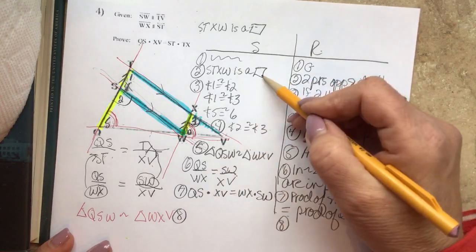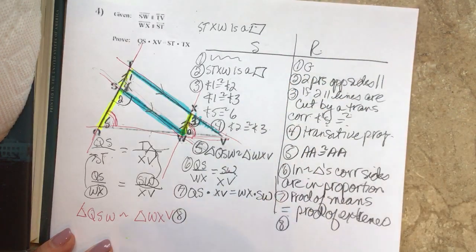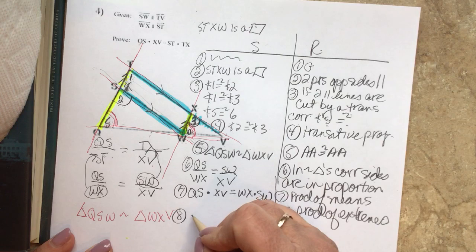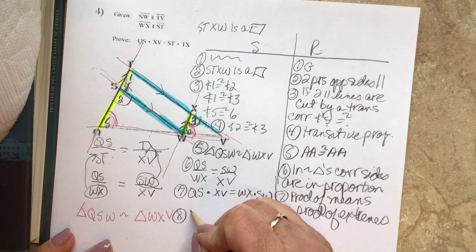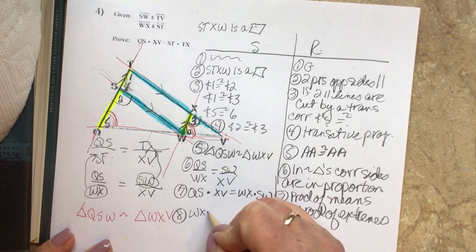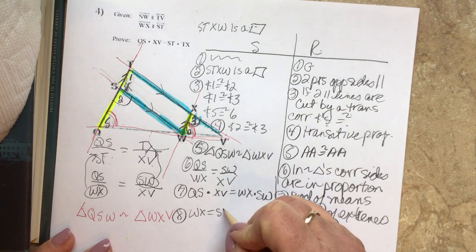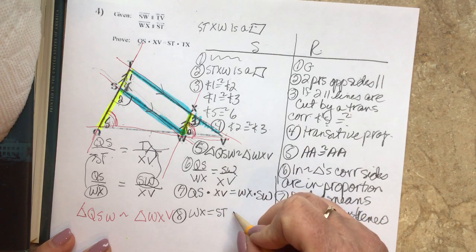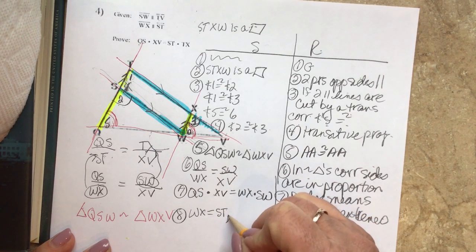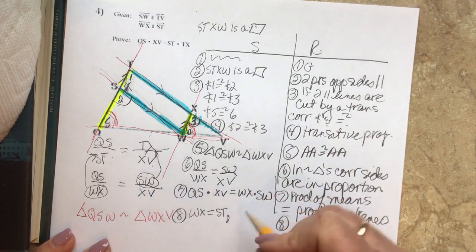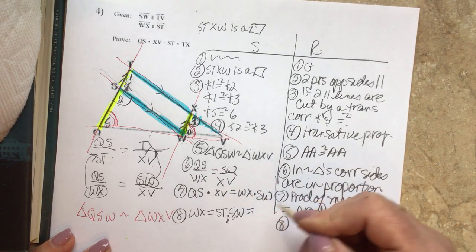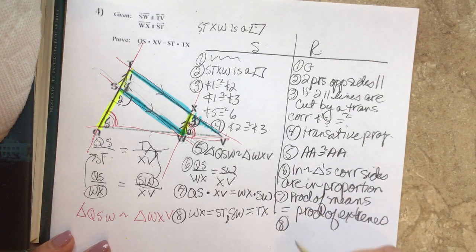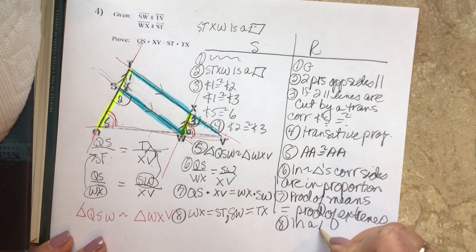Well, since it's a parallelogram, we know that WX equals ST, and we also know that SW equals TX, all right, because in a parallelogram, opposite sides are congruent.